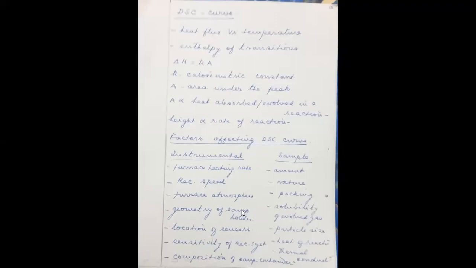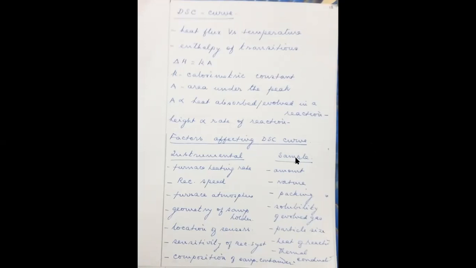If you have a cylindrical or a spherical sample holder, the geometry will change, and accordingly the surface area will change. Then the location of the sensor, whether it is close to the sample holder or away from it, the sensitivity of the recording system, and also the composition of the sample container, the material in which it is made, plays an important role.